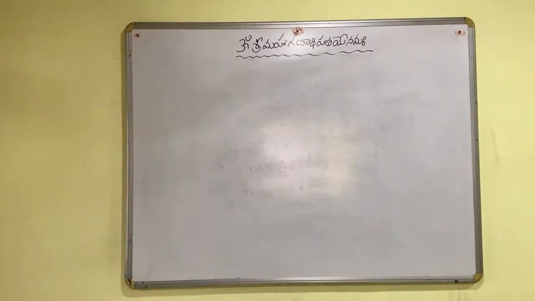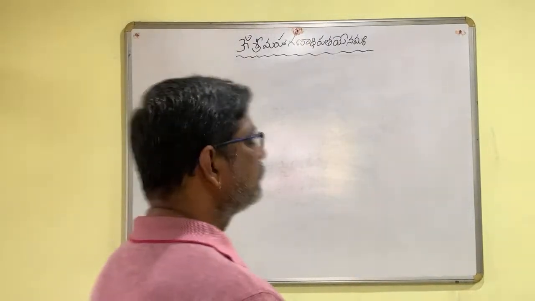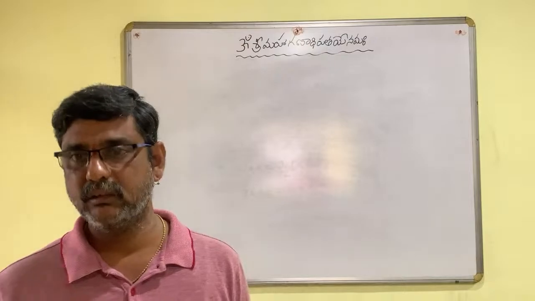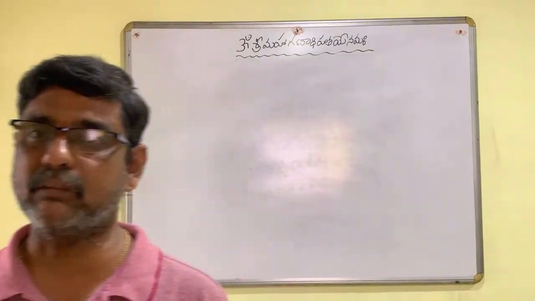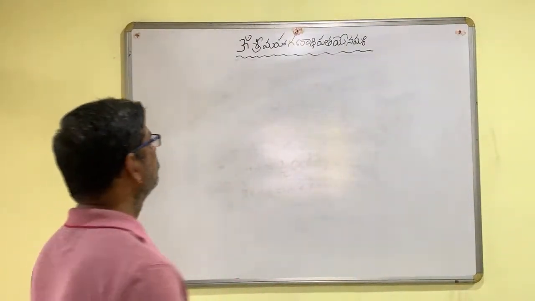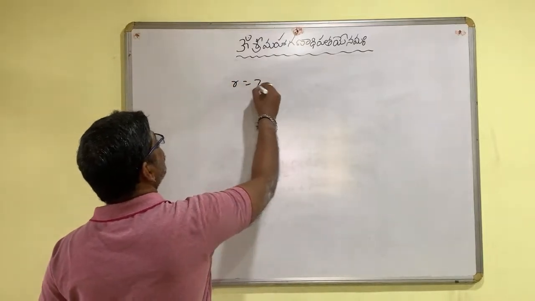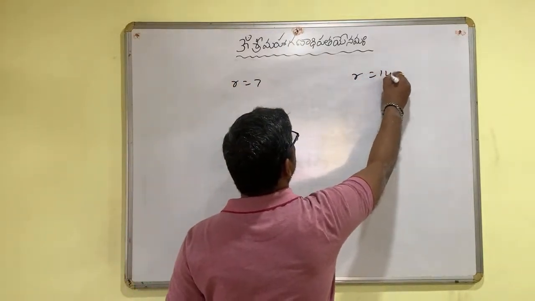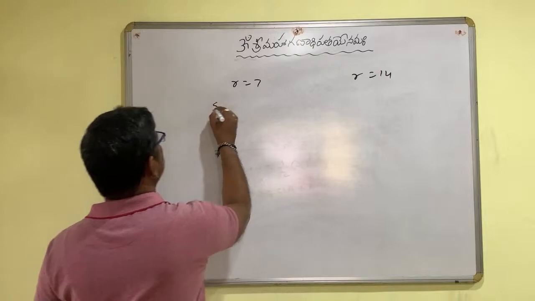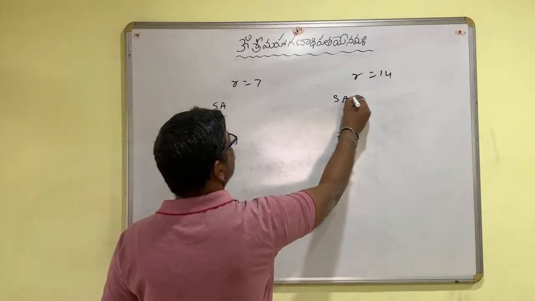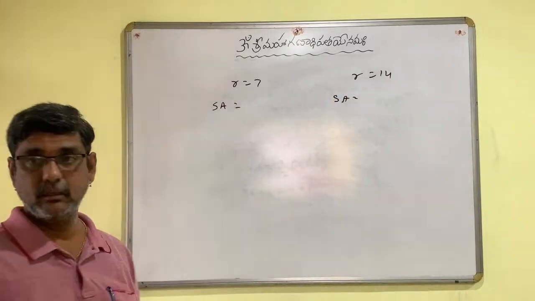Initially it was 7 centimeters radius and after that it becomes 14 centimeters radius. We need to find the surface area of the balloon in both cases, when r is equal to 7 and when r is equal to 14. Do it fast.